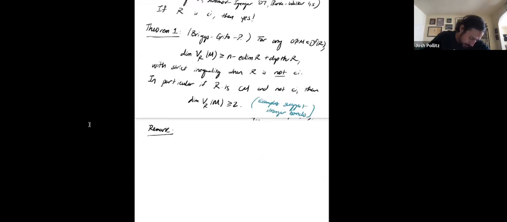So, quick remark. If R is Cohen-Macaulay, then when I look at n minus the embedding dimension of R plus the depth of R, and I remember that R hat was Q mod I, you can write this as the minimum, so this is n minus the height of I, which is always non-negative, and this is an equality exactly when R is CI, when I is generated by a regular sequence, right?